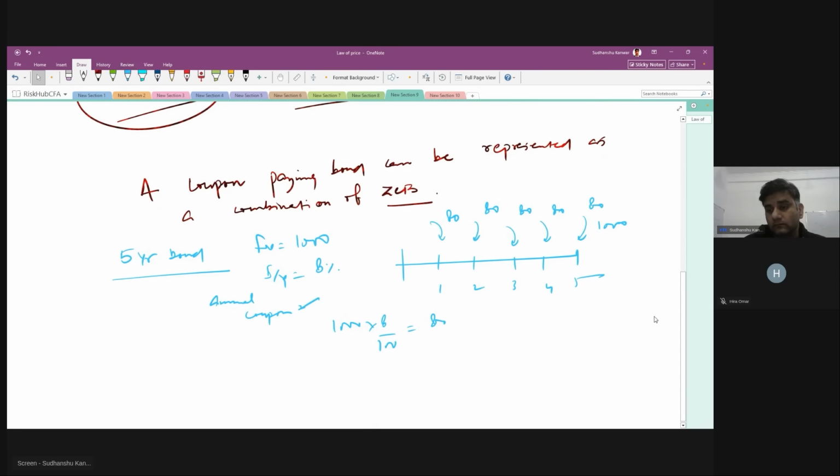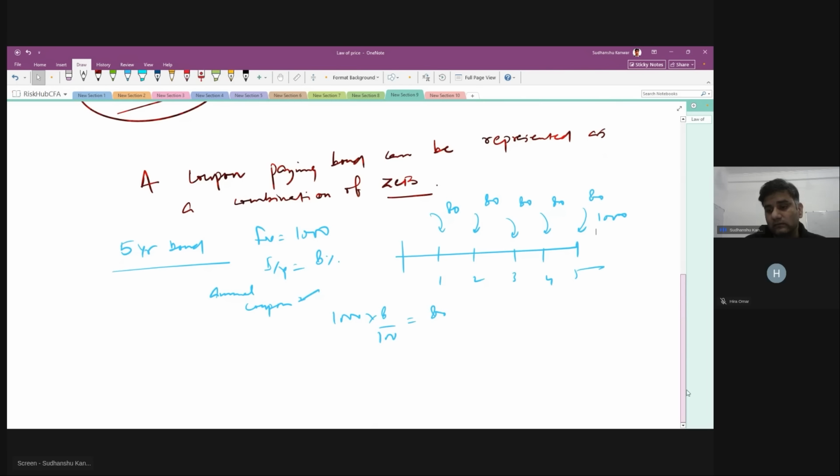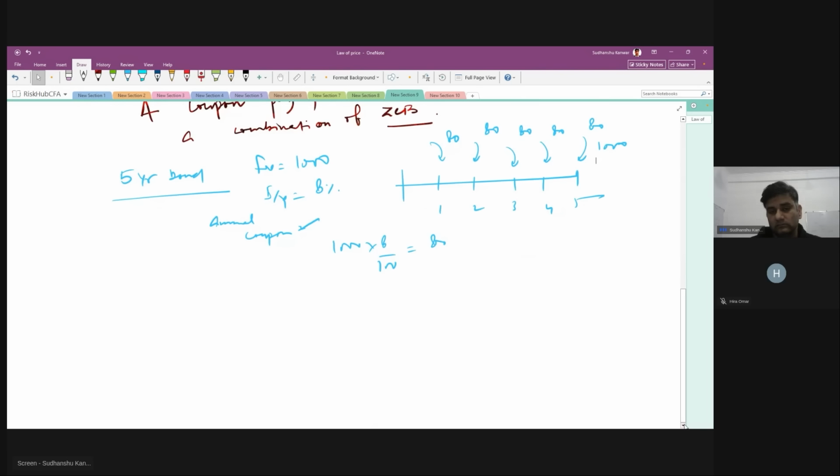So the idea here is that this bond has 6 cash flows: 5 coupons and 1 face value. I can write this as cash flow 1 equal to 80, which will be discounted at 1 plus the discount rate.